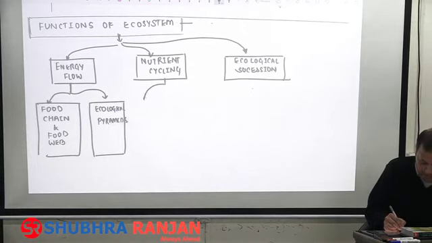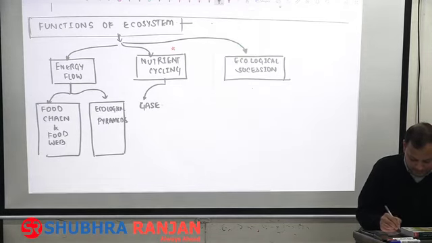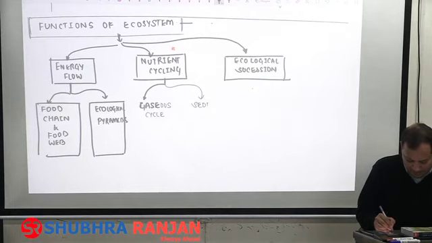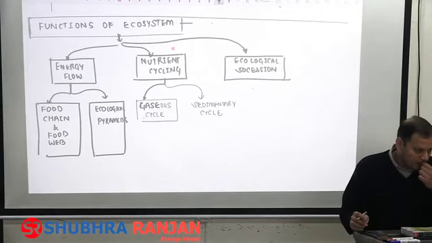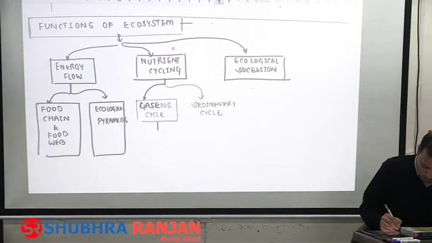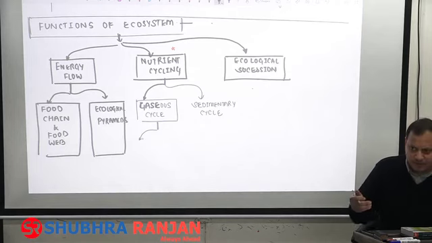In nutrient cycling, there is a concept of gaseous cycle, and there is a concept of sedimentary cycle. Every year there is one question from nutrient cycling, a very simple question from this region. It is a gaseous cycle because it comes from the atmosphere, therefore it is known as a gaseous cycle.